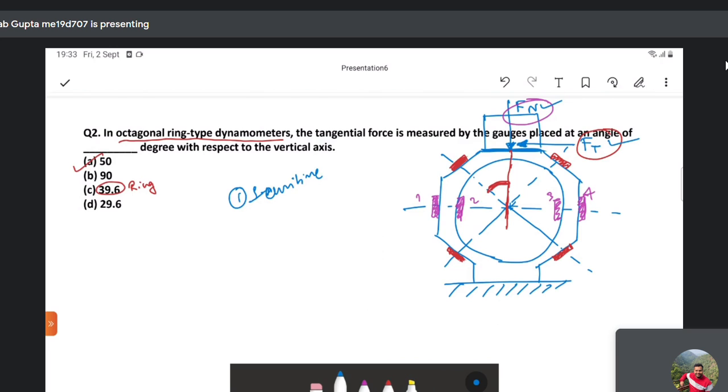Through these photoelastic studies, it has been found that at this particular angle of 50 degrees, in case of ring type dynamometer settings under this particular loading condition, the strain is maximum. The strain recorded at this angle is maximum. So that's why we are choosing that particular position.